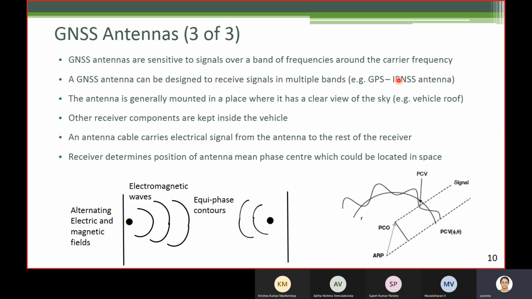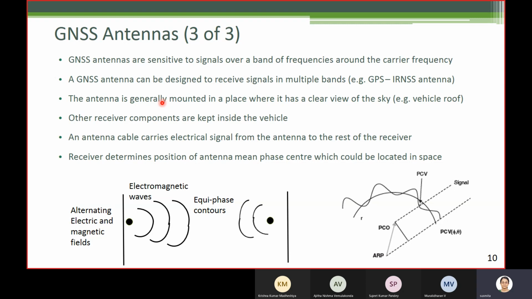GPS has L1 and L5, and small GPS antennas on the phone can receive both L1 and L5. Some of you had shown L1 and L5 both. So an antenna can receive signals in multiple bands from multiple constellations.